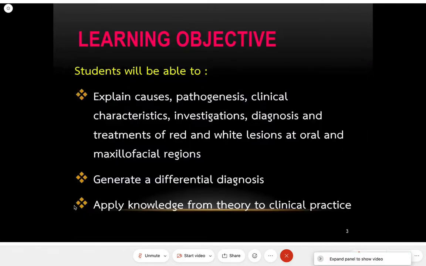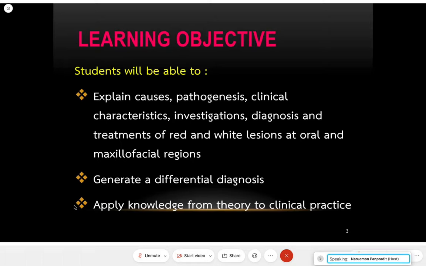For the objective, every lecture we need you to know or have a goal for something. Today's lecture, I would like you to know or be able to explain the causes, pathogenesis, clinical characteristics, investigations, diagnosis, and treatment of the red and white lesions at oral and maxillofacial regions.